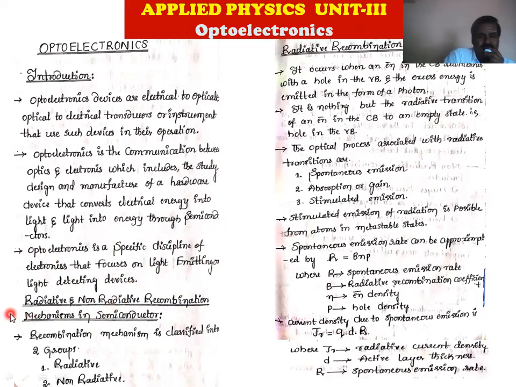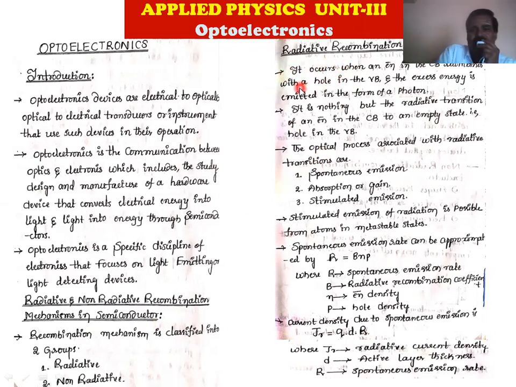Now let us discuss radiative and non-radiative recombination mechanisms in semiconductors. Recombination mechanisms are classified into two groups, radiative and non-radiative.